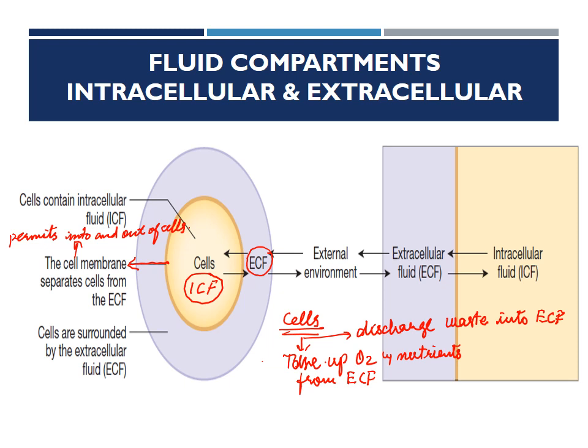There are two fluid compartments, intracellular and extracellular. Each cell is lined by a thin membrane that is called cell membrane or the plasma membrane. And the fluid inside the cells is called intracellular fluid.